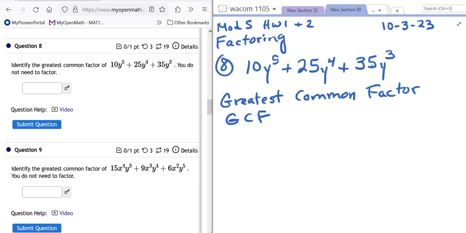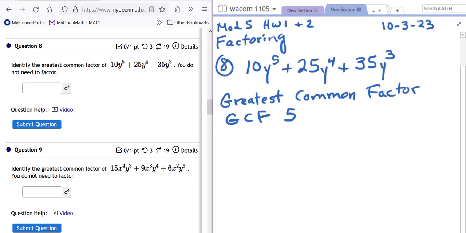And so I would start with the lowest number. And does 10 go into everything? And it does not. So it's going to have to be lower than 10. I think a good choice here would be a 5, right? Because these end in 5 or 0. So 5 is common to all.